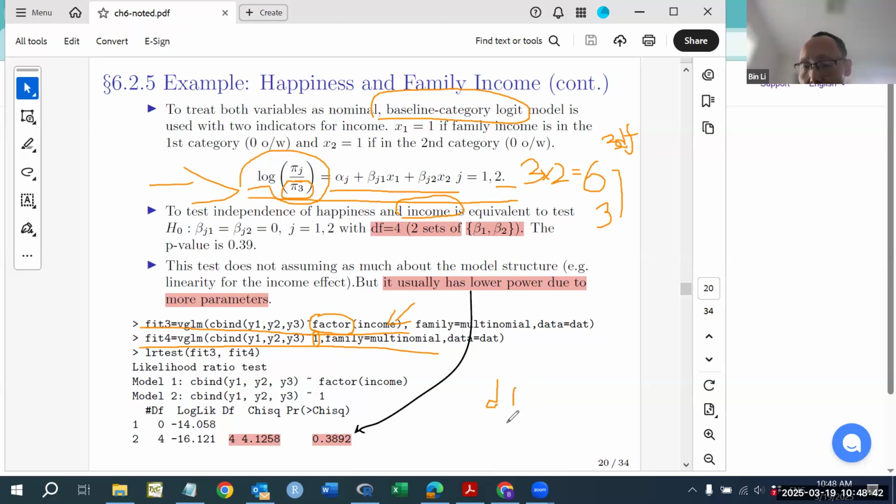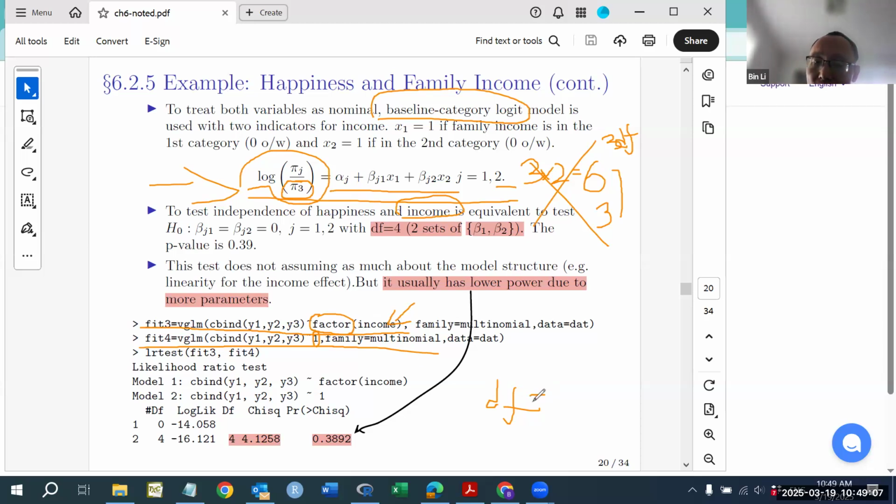So if we want to test whether the income is significant or not, what is the degree of freedom? Here we are not comparing with the proportional odds model, because that would be comparing the baseline category logit model with the proportional odds cumulative logit model. Here we are only focusing on the baseline category logit model, testing if the income is significant or not. So it's different.